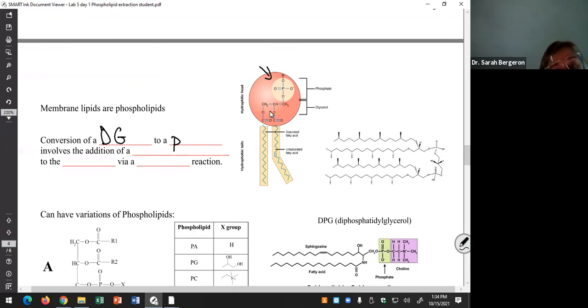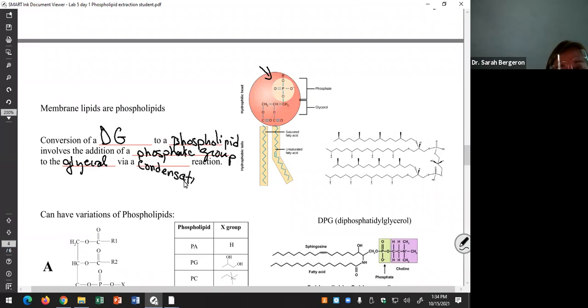Conversion of a diacylglyceride to a phospholipid involves the addition of a phosphate group to the glycerol via, in this case, not an esterification reaction, but a condensation reaction.